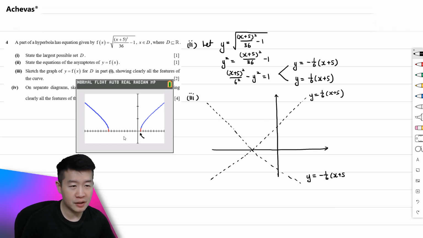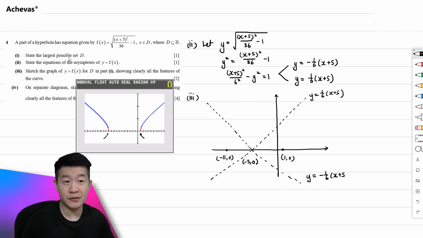This point here and this point here will be based on the center. The center of the hyperbola here is going to be minus 5, 0. So here is minus 5, 0. And 6 is the horizontal distance of each of these two points from the center. So minus 5 plus 6 will give me 1, and minus 5 minus 6 is going to give me minus 11.